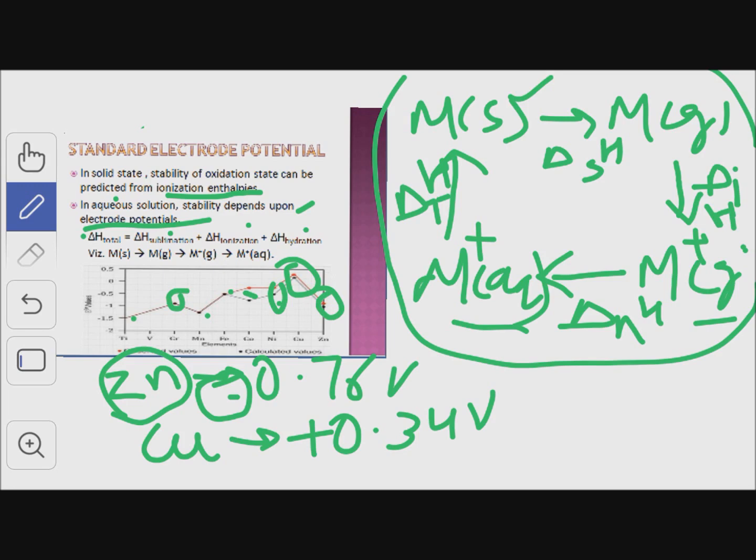Because of the positive value for copper, the reason for this is that the sum of enthalpies of sublimation and ionization is not balanced by the hydration enthalpy.